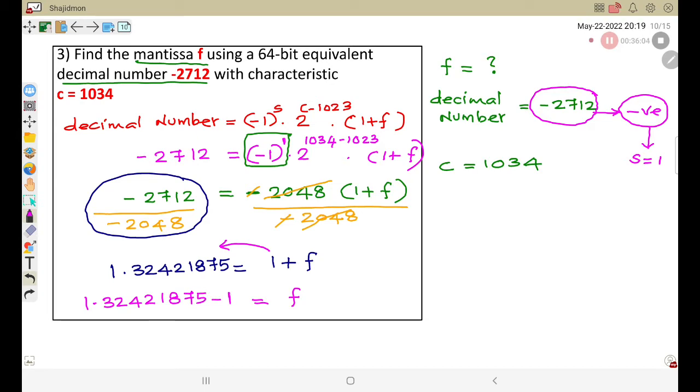Correct? So f equals 0.32421875. This is the mantissa in that question. I hope you understood this question. Okay, now we will go to the next question.